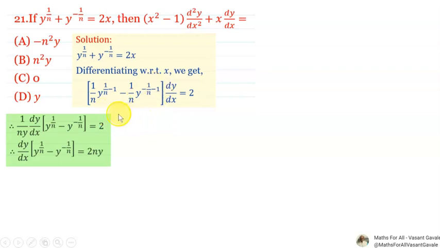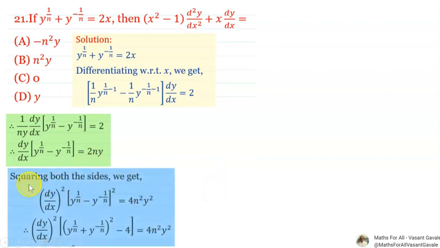From both of them, what do we take common from the denominator? n into y, take common into dy by dx, and in bracket you will get here y raised to 1 upon n minus y raised to minus 1 upon n, and that's equal to 2. Therefore, dy by dx in bracket y raised to 1 upon n minus y raised to minus 1 upon n is equal to 2ny.